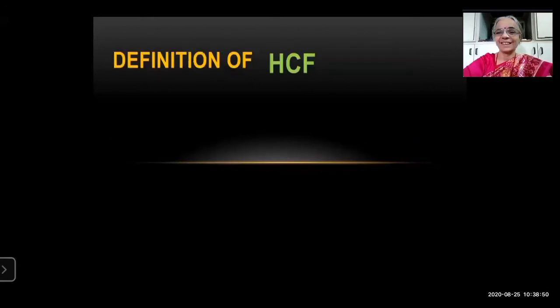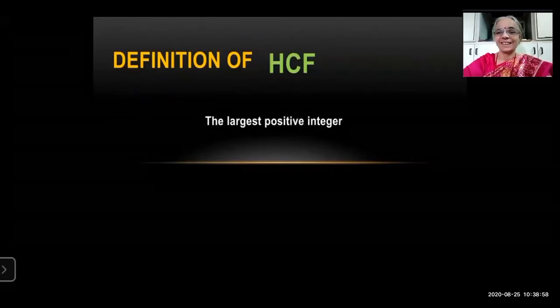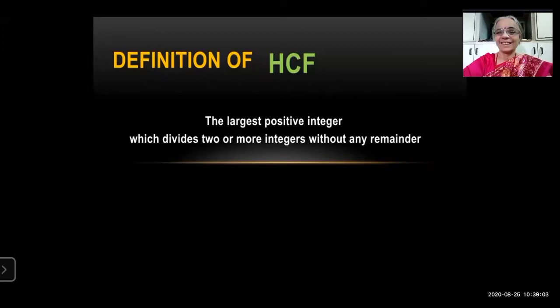Let's see the definition of the highest common factor. The largest positive integer which divides two or more integers without any remainder is called the highest common factor. Simple. It is the largest positive integer which divides the given numbers, maybe two numbers, maybe more than two numbers, and for all the numbers there is no remainder.